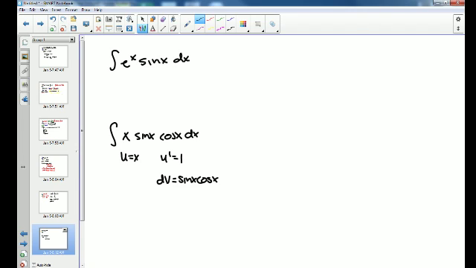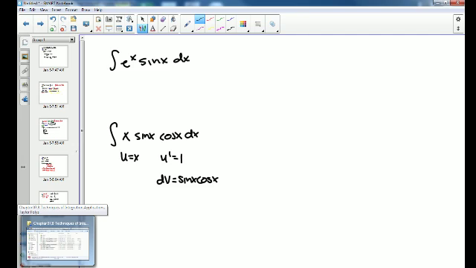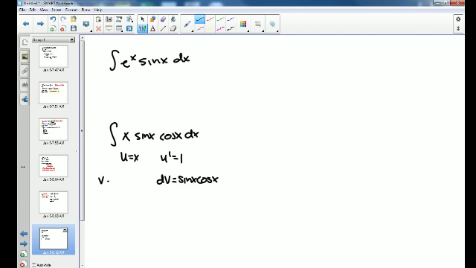Well, obviously you choose the algebra function first because it makes use of it there. The question is what is v? You can use substitution for that.